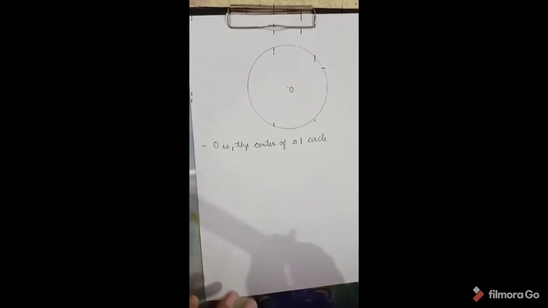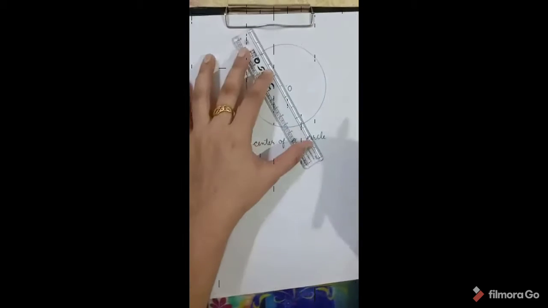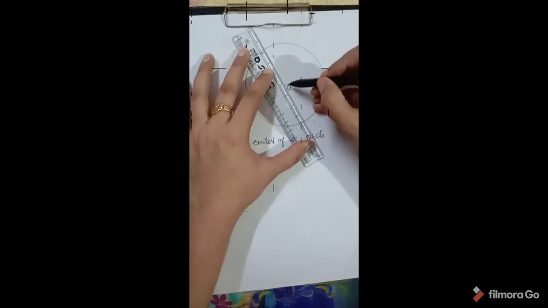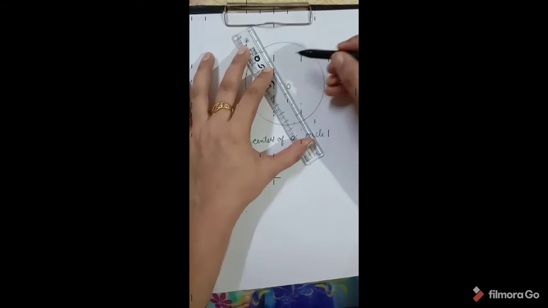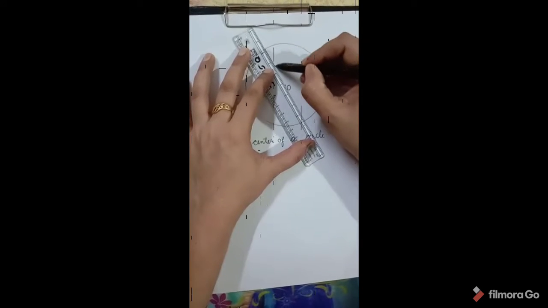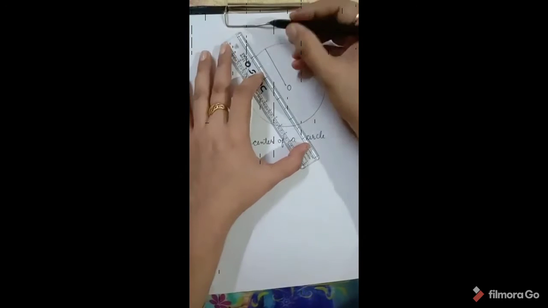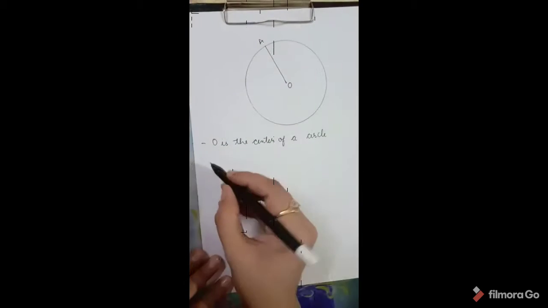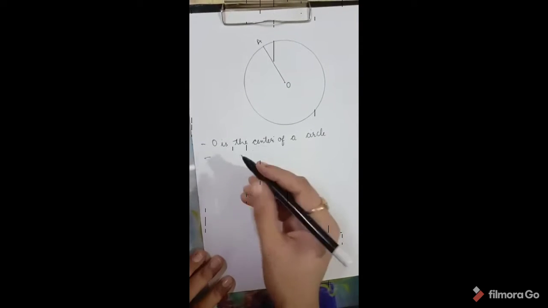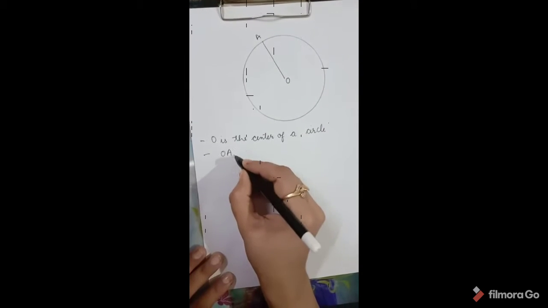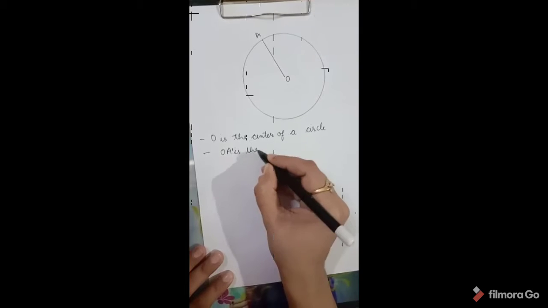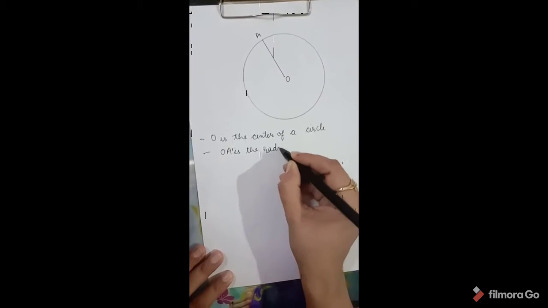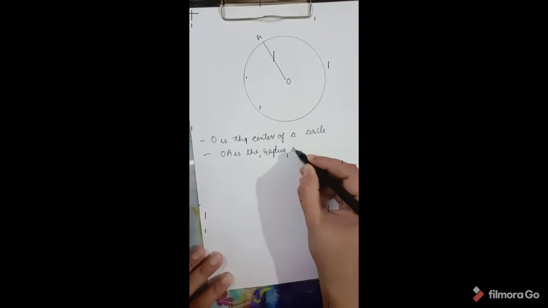Now with the help of a scale, I draw a line whose one end point is at the center and the other end point is on the circle. I mark it as OA. OA is the radius of a circle.